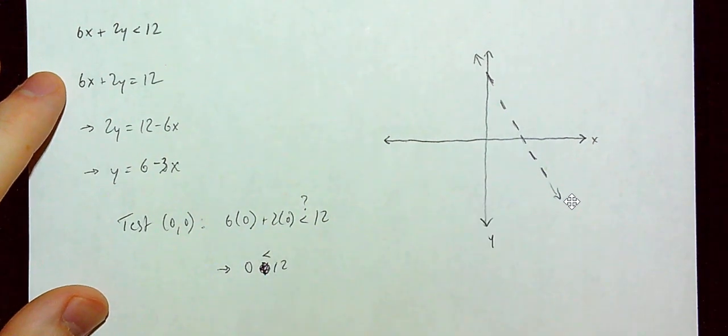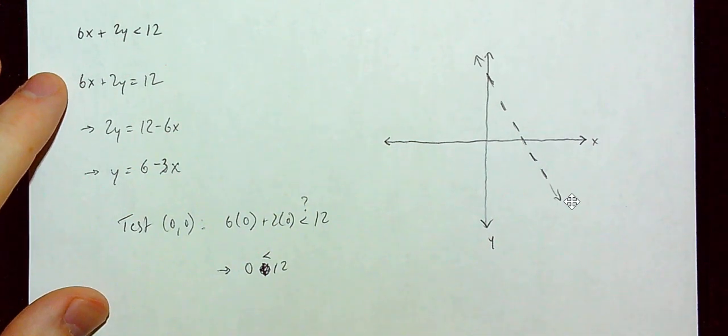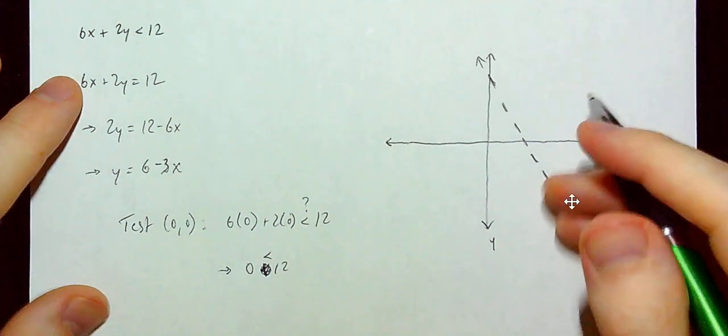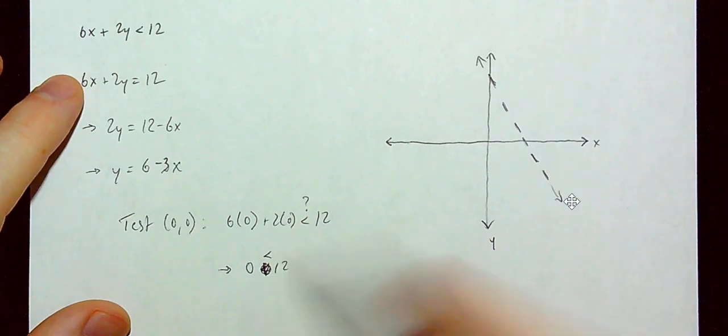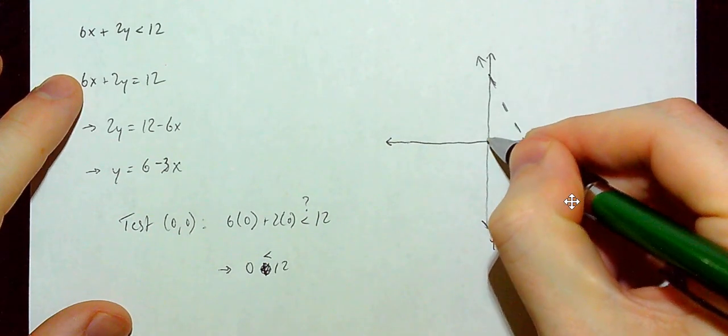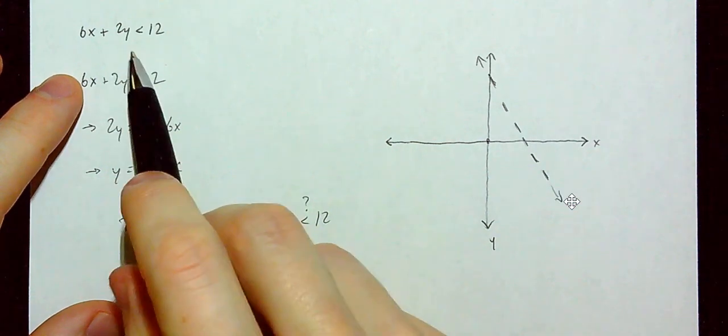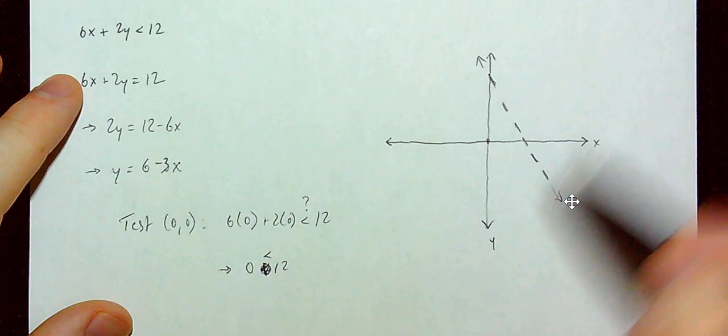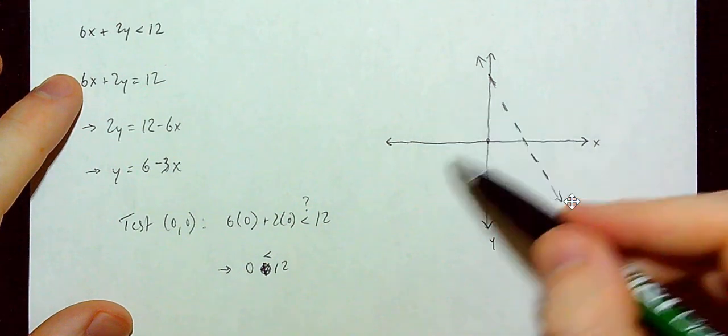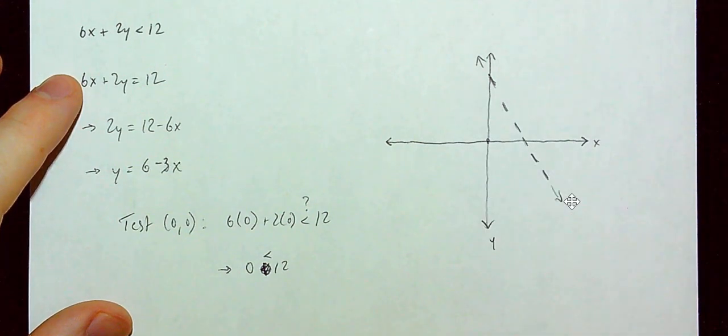I almost got my numbers mixed up there for a second. 0 is indeed less than 12. So this point, which I tested, 0, 0, makes this thing true here. So this point lies on this side of my dashed line there.